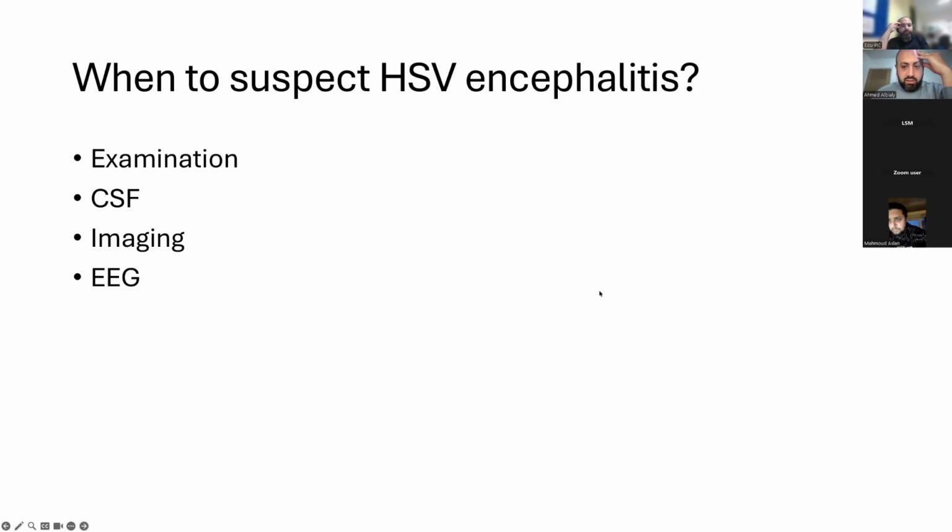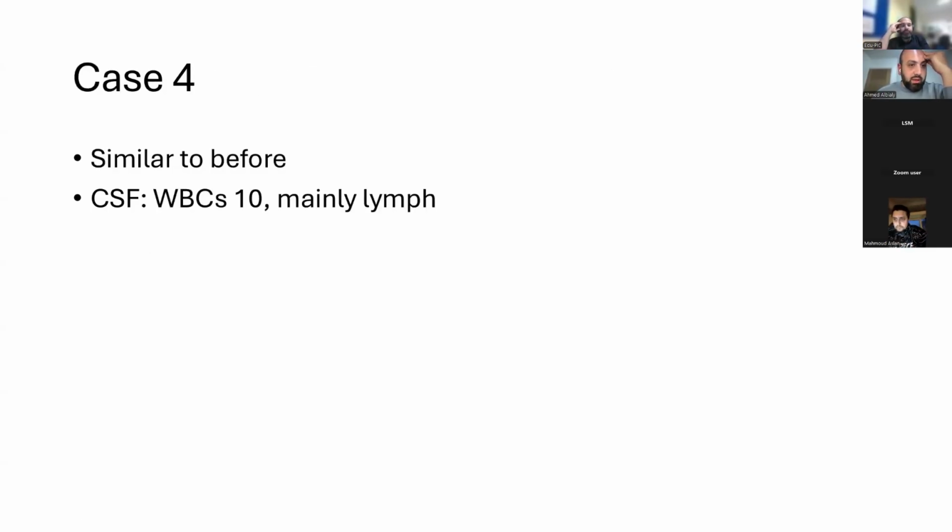We will go through more details soon about the autoimmune things, but for this case, it's a similar age, a young child with a similar story: seizures settled, and now they are encephalopathic, and the LP shows white blood cells of 10, mainly lymphocytic as well.